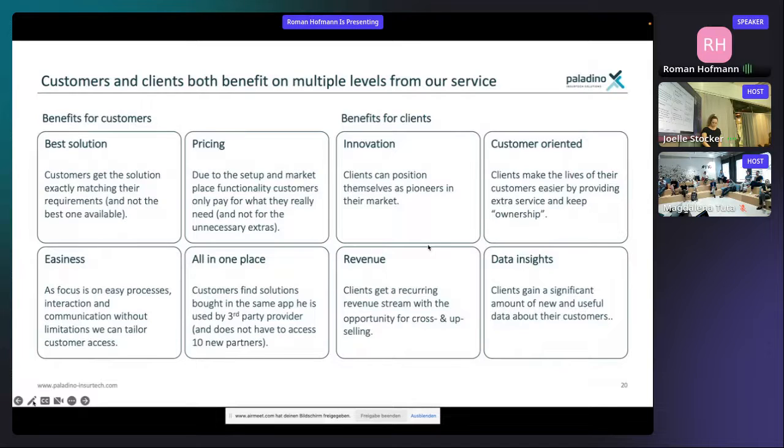It's also very interesting for our clients, and I just highlight the revenue because I didn't mention that before. In a traditional collaboration model, you get just a fee for the connection you make to the customer. It's normally a one-time fee, and in the model we work together, you have a yearly recurring revenue. Means the longer the customer stays, the more you earn as a client.